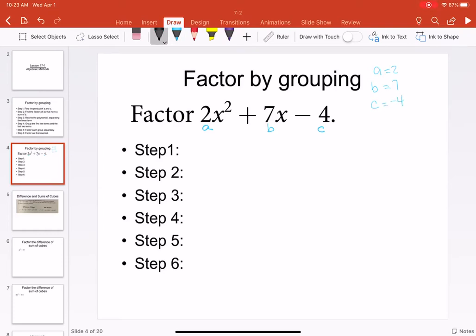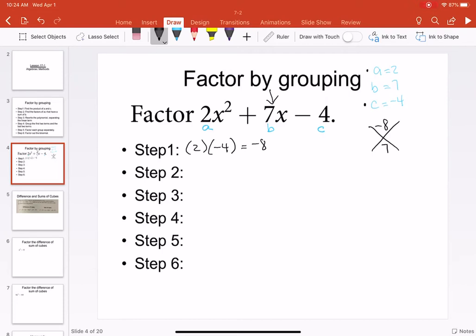Okay, so step 1, find the product of A and C. So 2 times negative 4 will give me negative 8. Then the next part says you have to find the factors that multiply to negative 8 but add to B, which is 7.